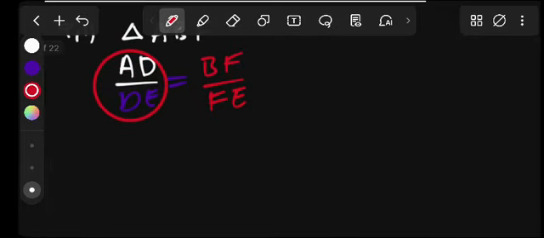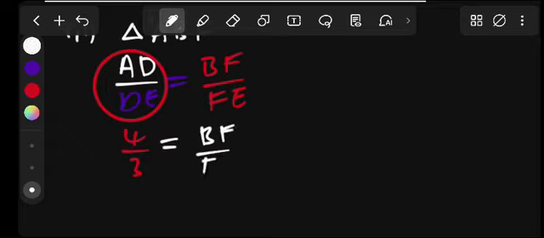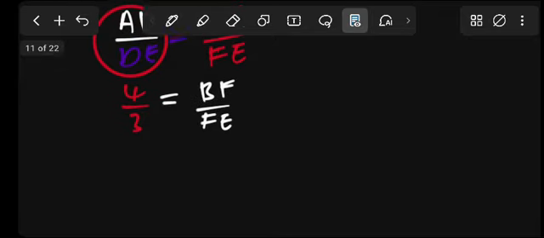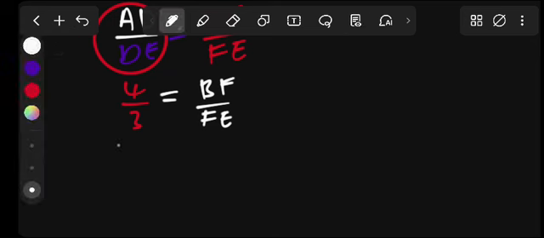So this is simply the same as 4 is to 3, which equals BF over FE. Therefore BF over FE is equal to 4 over 3.